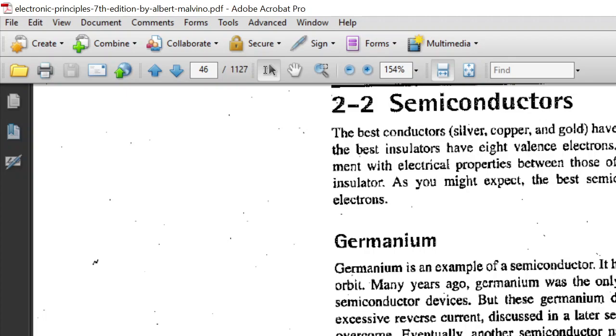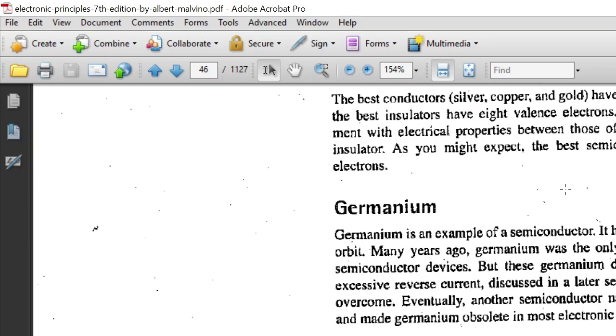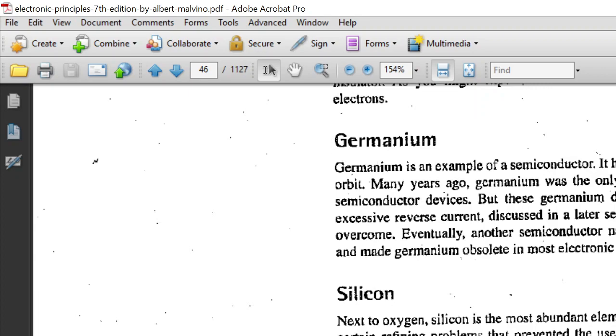And a semiconductor, what is a semiconductor? This is an element where the electrical properties are between the conductor and an insulator, and as you might expect, the best semiconductors will have 4 valence electrons. Some materials are germanium and silicon.